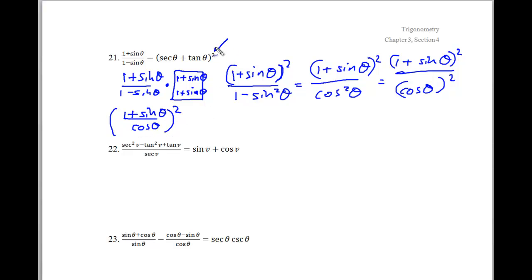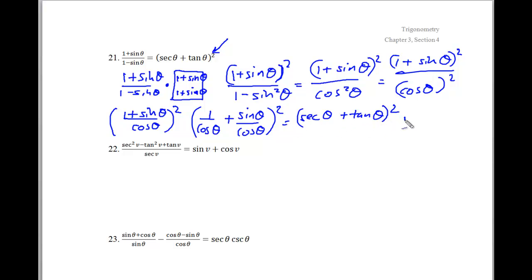Now this gives me that little square on the outside that I'm looking for, so now I have to trade the inside in for secant theta plus tangent theta. That's pretty easy because, since this is a monomial, I can go 1 over cosine of theta plus sine over cosine of theta, quantity squared, and there you go. There's my secant of theta, and here is my tangent of theta, and the whole thing is squared just like that. So there we go.